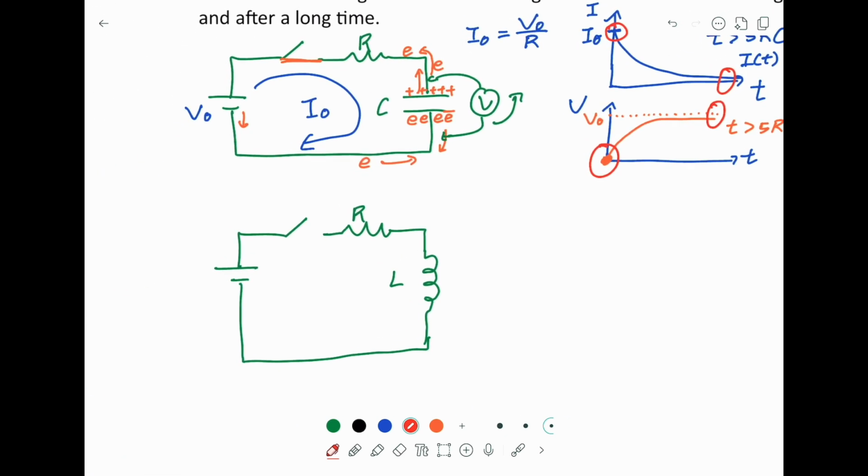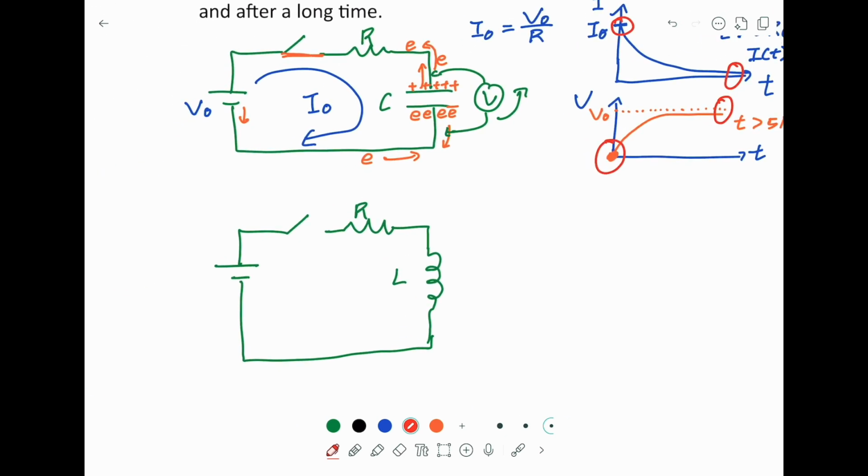Now let's look at the inductor. You have a V here when the switch closes. Now a current tries to flow in. When the current starts flowing in here, it will create a magnetic field, from 0 to a certain value.